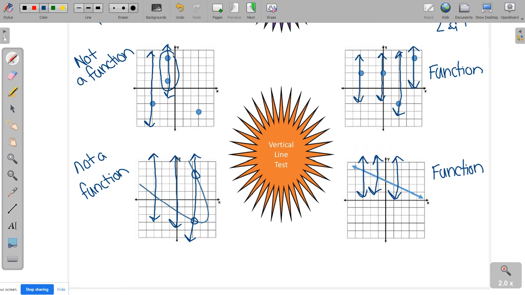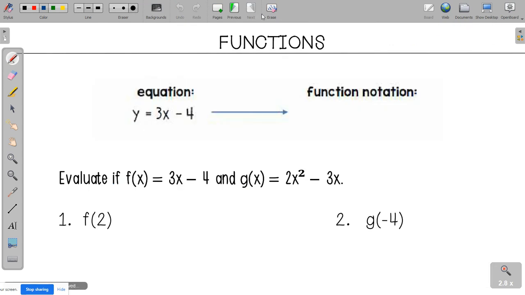So now let's look at functions dealing with equations. An equation can be written as y equals or in function notation, which changes the y to this symbol. We pronounce this as f of x.